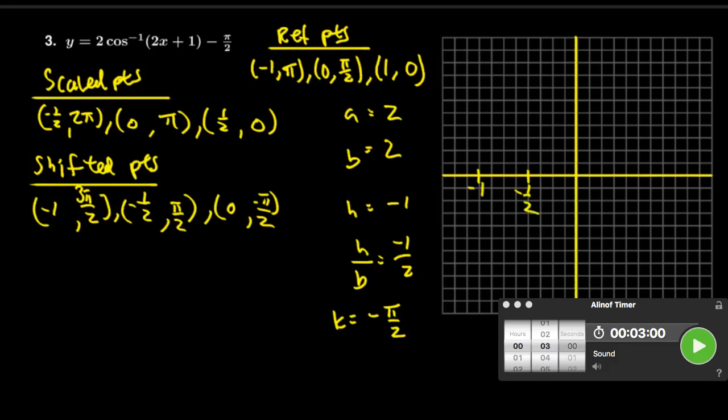Just gonna do the same thing going to the right. And then up and down, I'm just gonna make that pi, 2 pi. And then again, same thing going down.